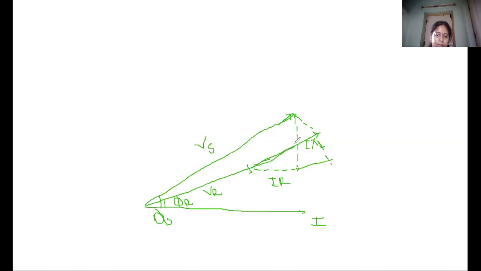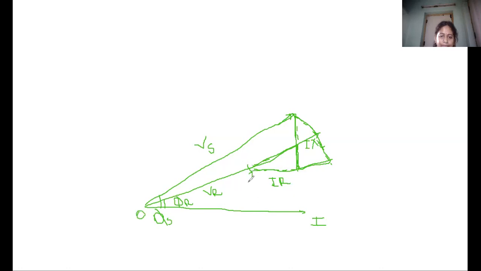Here one right angle triangle is formed, and here also one right angle triangle is there. So we can find out the Vs value here.